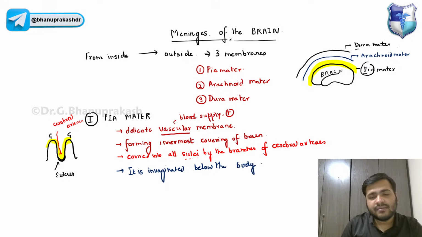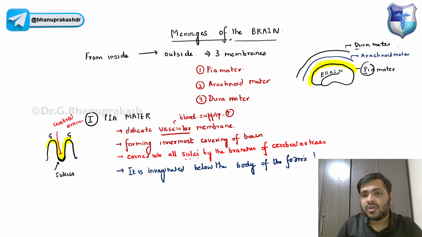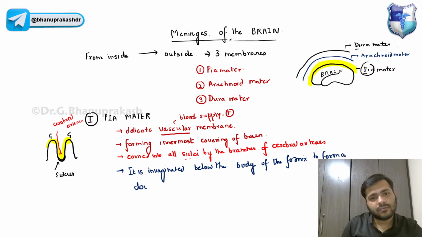We have already discussed the fornix, right? To form a double layer called the tela choroidea.